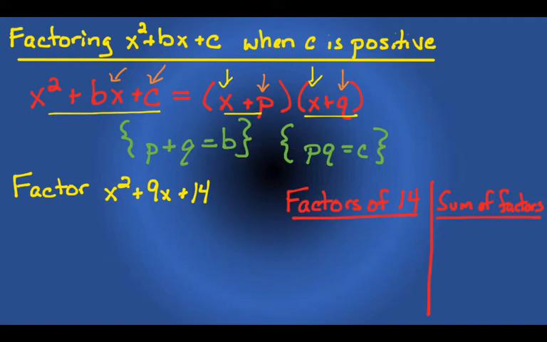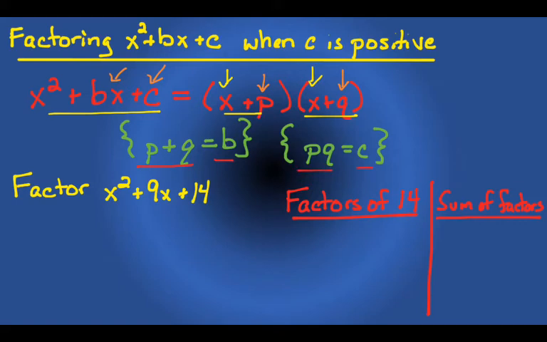The first is that when we begin to factor, we need to note that p and q are distinct and that p and q combine to make b and c. So p plus q will be equal to b, and p times q will be equal to c.